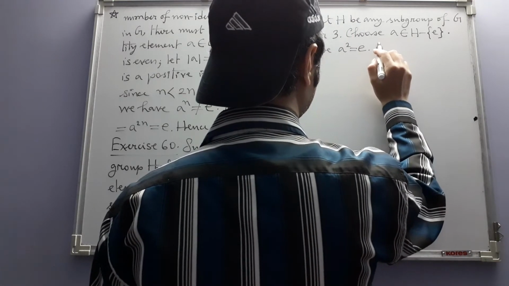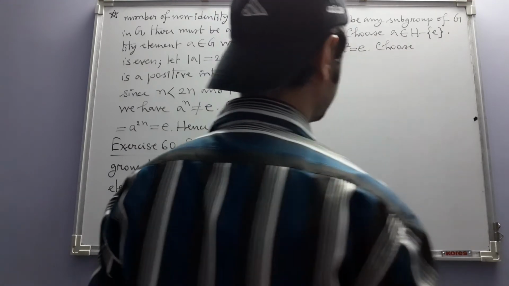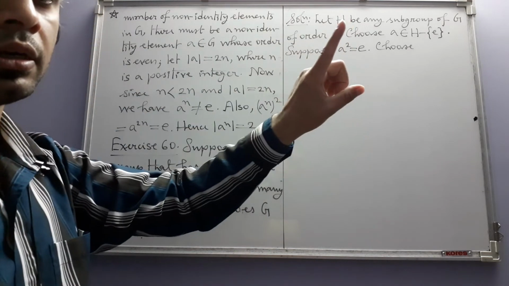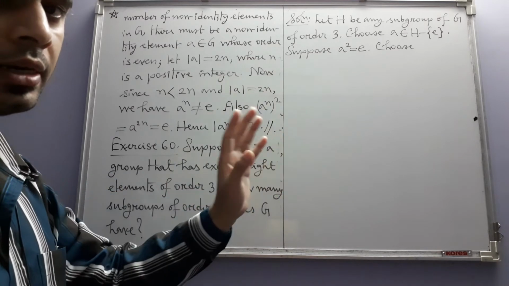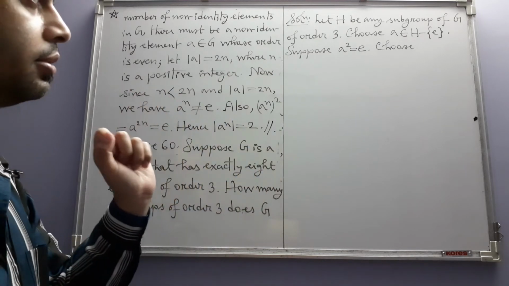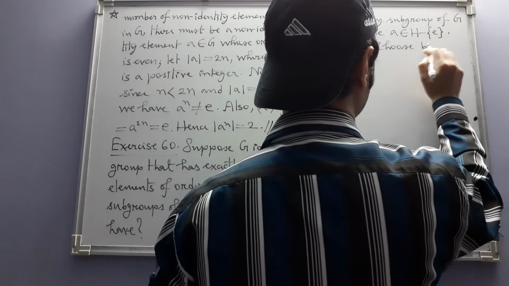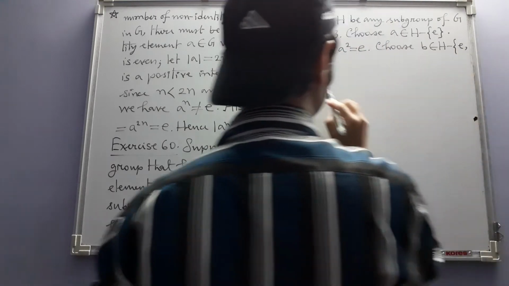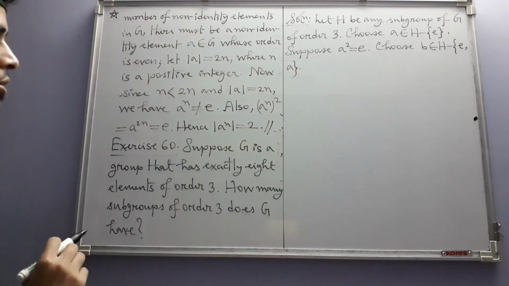Next, that means what? A is there in H, E is there in H, and A and E are different elements. So besides them, there is one more element in H. Such an element we are going to choose, B in H minus E, A. Okay.